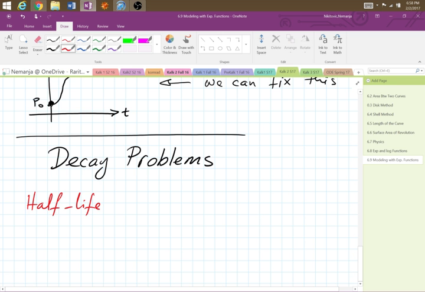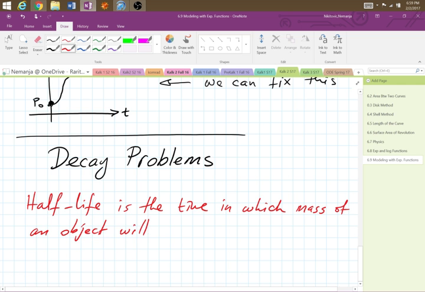Half-life is the time in which the mass of an object will decay to half of its original value.